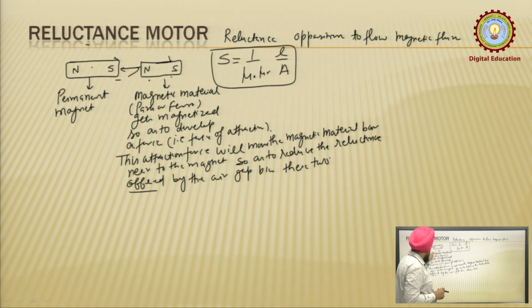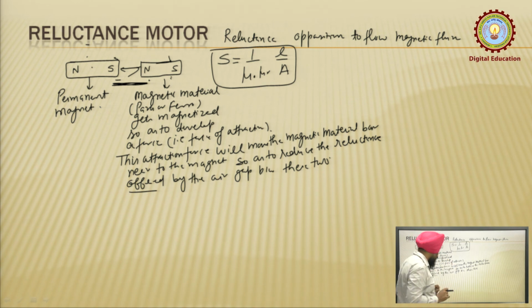On the basis of this mechanism, the rotor tries to align itself with the stationary permanent magnet part so as to minimize the air gap, that is, to reduce the reluctance offered by the air gap between these two.